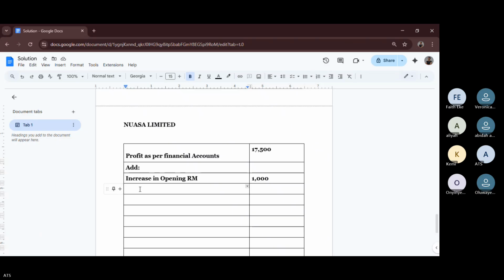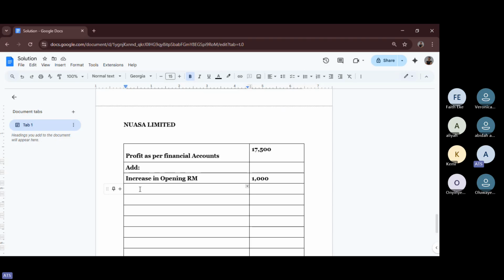Okay. Yes, 34,000 minus 33,000. So we also looked at closing inventory of raw materials, but here there is an increase and we deduct increase of closing inventory. So that's why we left it for now. We'll come back and deduct it later.